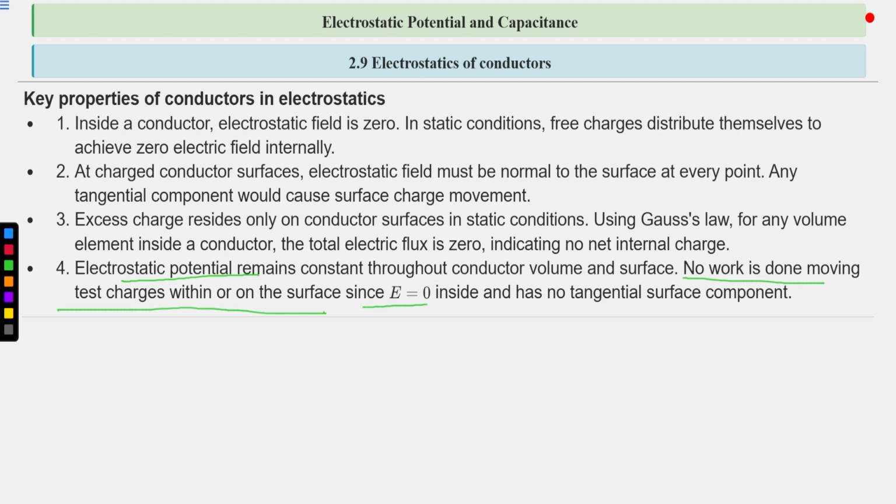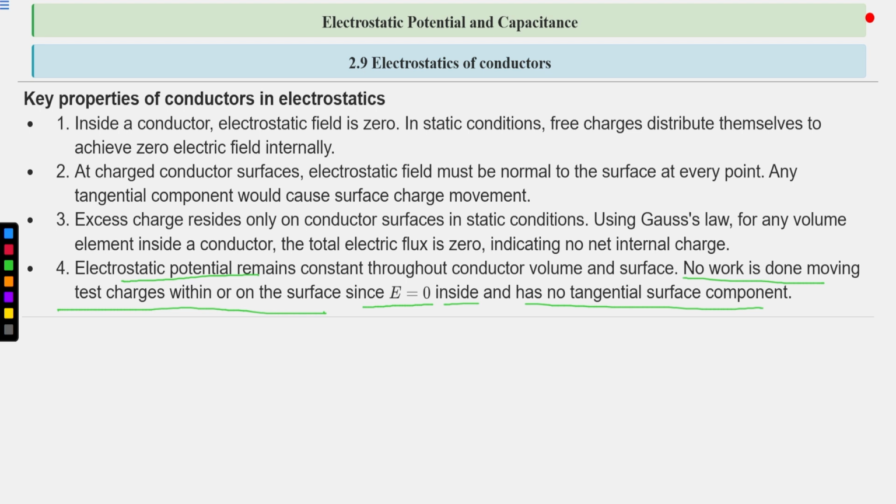Okay, since E is equal to 0 inside, why is no work done? No work is done moving a test charge within or on the surface since E is equal to 0 inside and has no tangential surface component. There is no tangential component present that would result in a force on the charged particles on the surface.